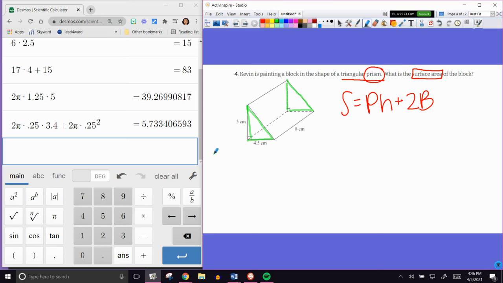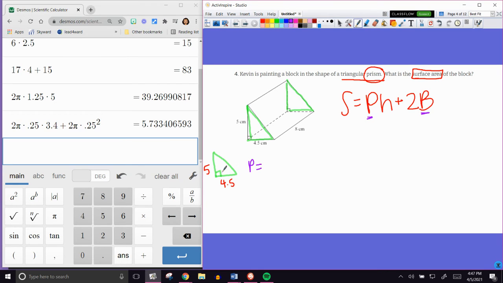So I'm going to pull my triangle out, and it tells me 4.5. Okay. So I need my P for perimeter of that triangle and my capital B for my area of that triangle. So perimeter is when we add up all the sides.